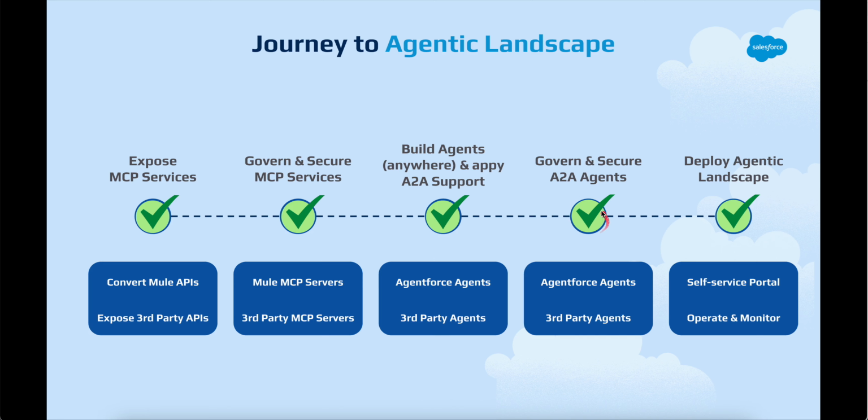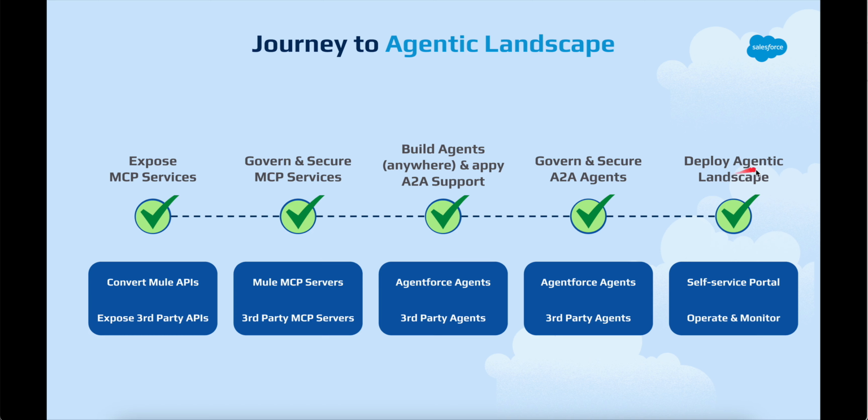Once you have done it, you can govern the A2A agents directly in MuleSoft, or if you have provided A2A support externally, you can also govern, register and onboard these agents to be available in the platform for other users. This is super important, so you don't hide the intellectual property you are building for your organization. It's available in a central repository so everyone is able to consume it.